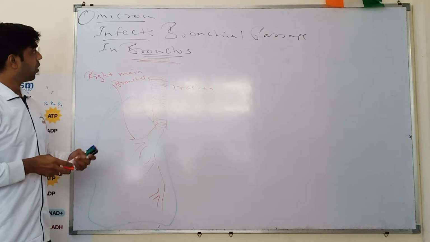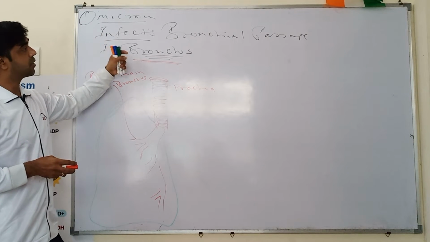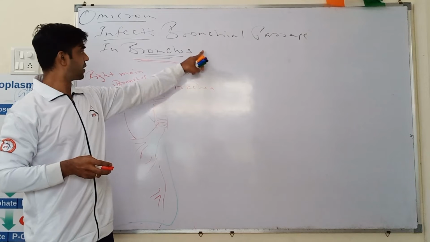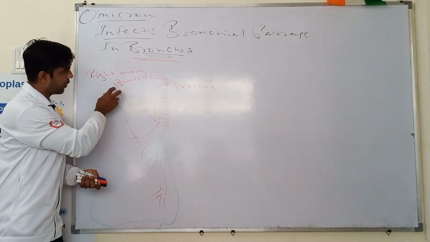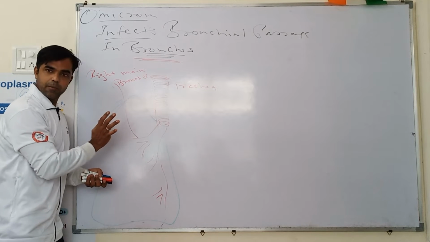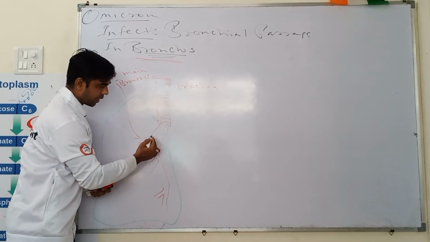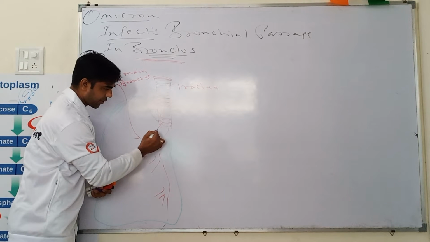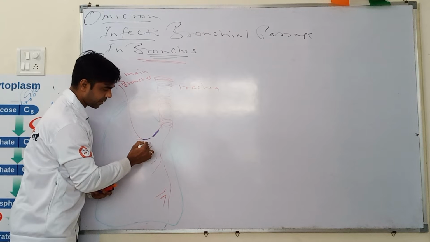Now, Omicron infects the bronchial passage in the bronchus. So now we have understood this is the bronchus, right? In the bronchus, on this line, this Omicron is present.